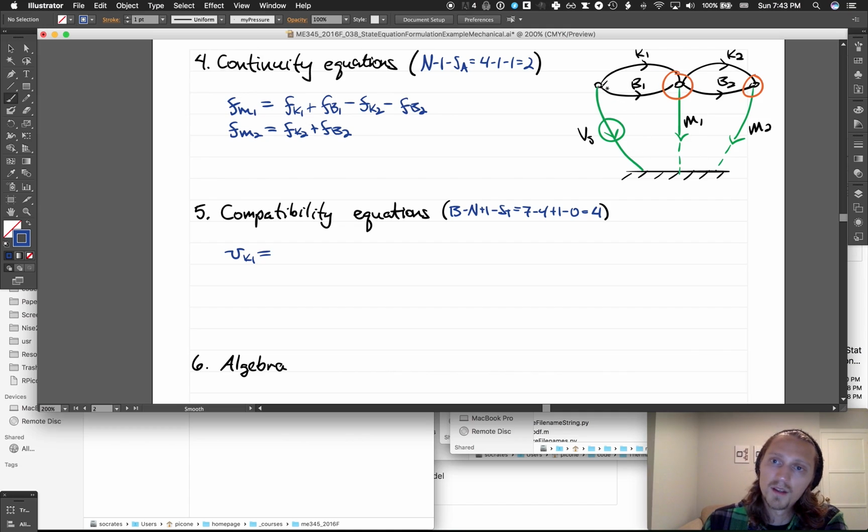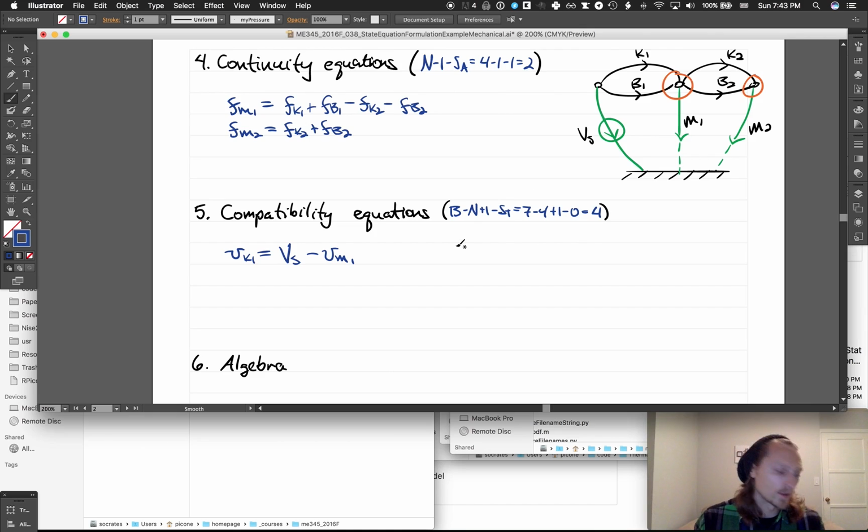The other path is VS, and the arrow is in this direction, so we just use positive VS. And then we have to go against the arrow to this second node, so VM1, so minus VM1. So if it's in the direction of the arrow, it's plus. If it's against, it's minus. And it's already solved for the variable we need. So that's the nice little shortcut.